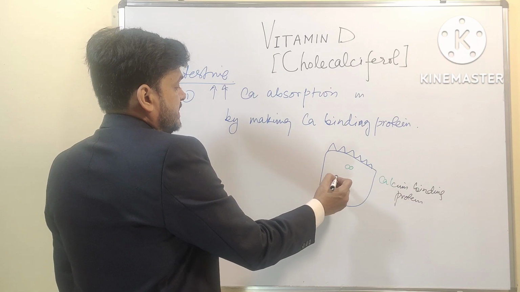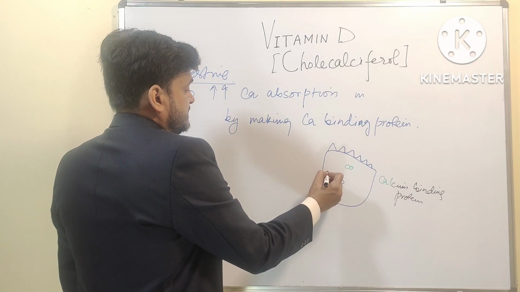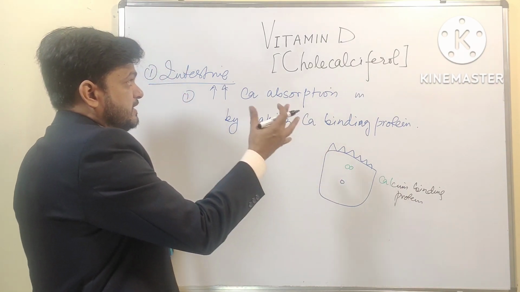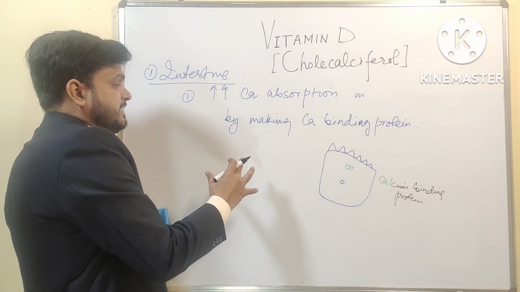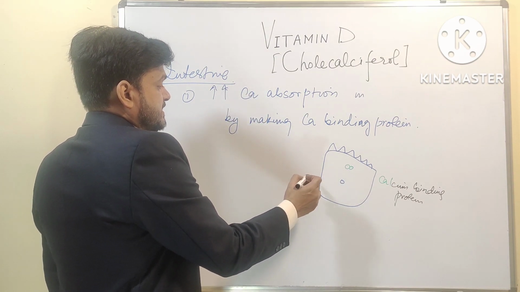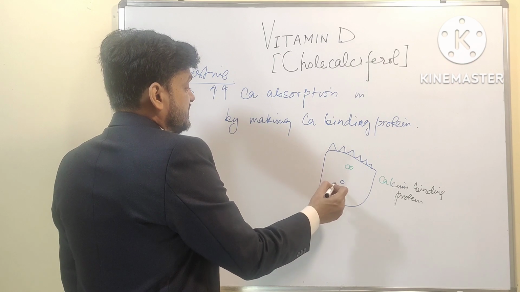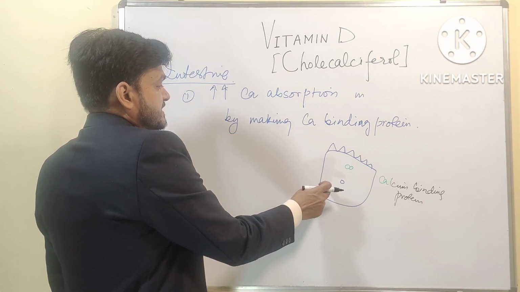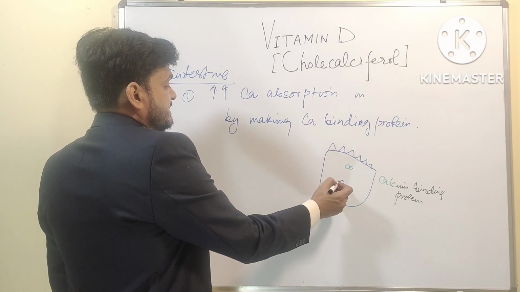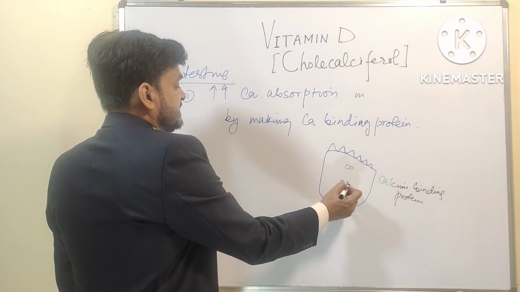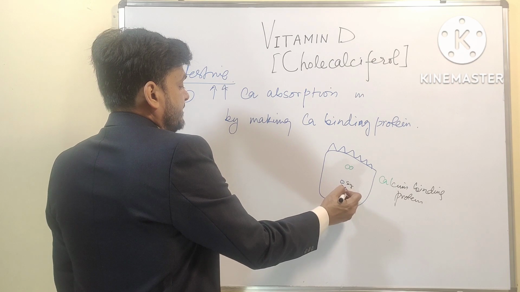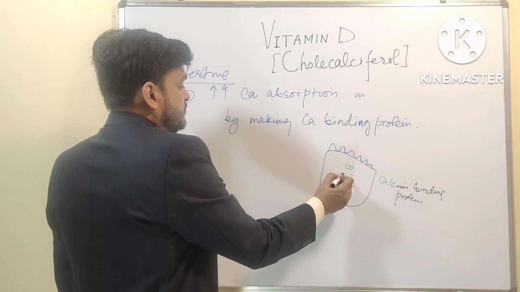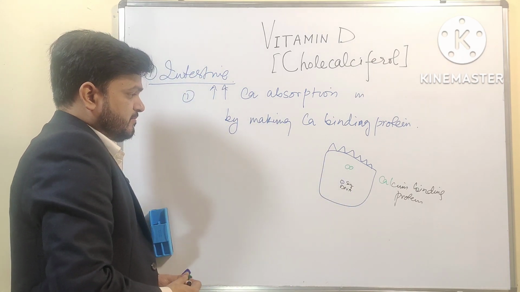What does vitamin D do to these epithelial cells? It sends the signal of the receptor inside the cell and sends the signal to DNA to produce more and more calcium binding protein.